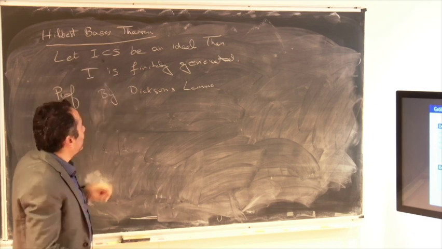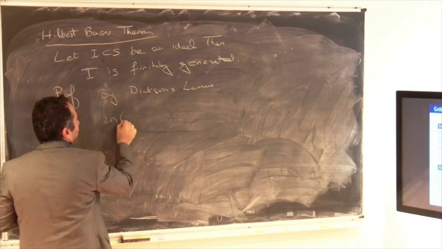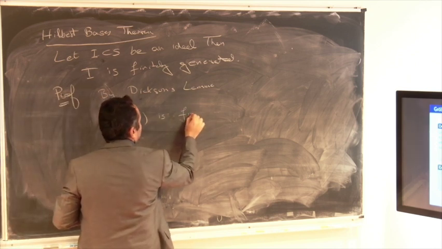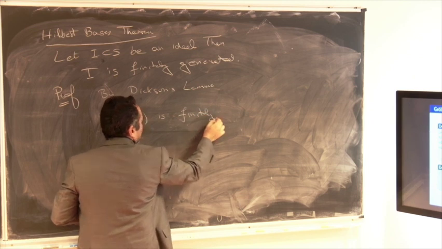So by Dixon's lemma, the initial ideal of I with respect to a fixed ordering is finitely generated.